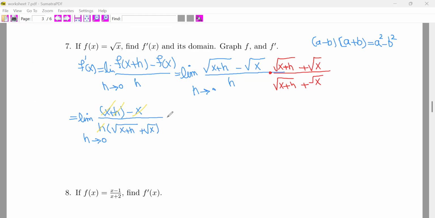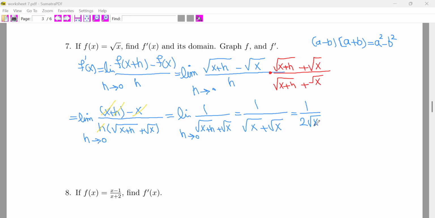And now if you plug in for h, you would have the limit of 1 over the square root of x plus h plus the square root of x when h is approaching 0. So by plugging in for h, you would have 1 over the square root of x plus the square root of x. It means 1 over 2 times the square root of x.